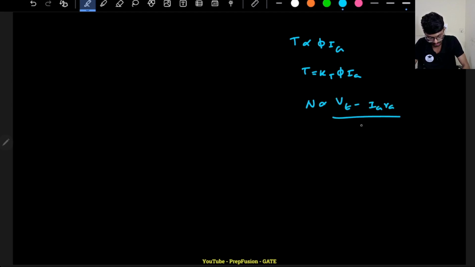It is basically Eb divided by the flux, or I can write N is equal to K, whatever constant you write, it does not matter, (Vt minus IaRa) divided by flux.